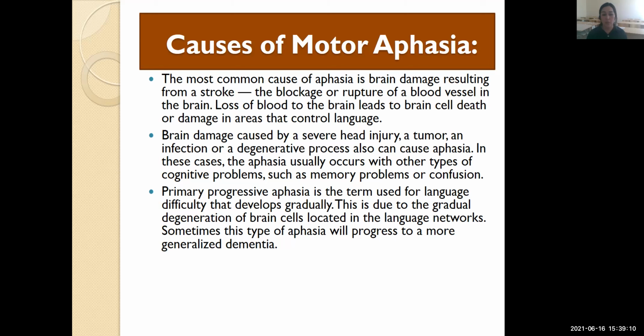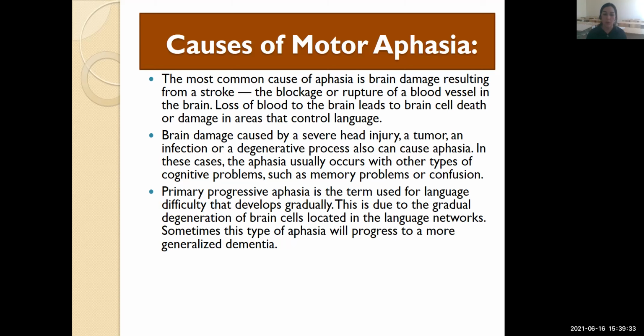Brain damage caused by a severe head injury, a tumor, an infection, or a degenerative process also can cause aphasia. In these cases, the aphasia usually occurs with other types of cognitive problems, such as memory problems or confusion.